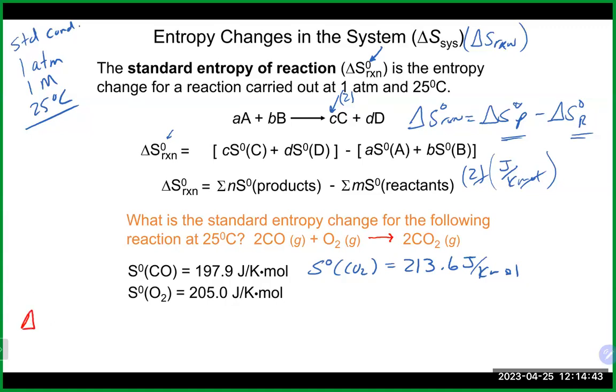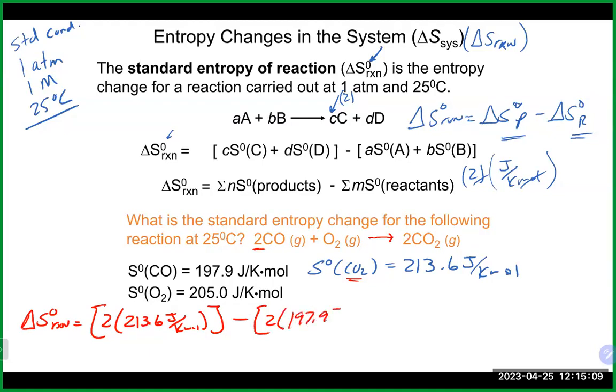So our delta S of our reaction, our system. On our product side, we have 2 CO2s. So we'll take 2 times the value of CO2, which is 213.6 joules per Kelvin per mole. Then we will subtract our reactant side, which is CO. So we have 2 times the value of CO, which is 197.9.